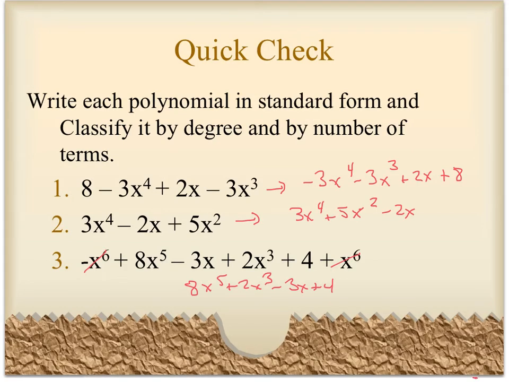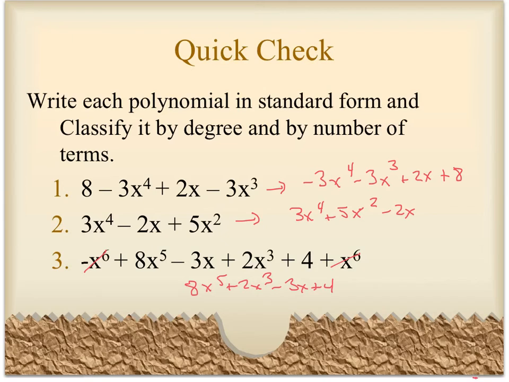Okay, so what I've done here is I've written everything in standard form, so go ahead and check that. We can go ahead and identify what they are as far as degree is concerned. The one thing that we didn't do is classify by number of terms. Okay, so we're going to go ahead and discuss that.